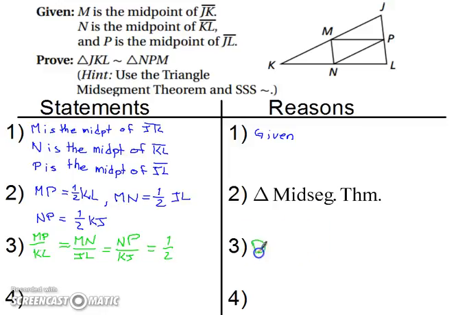And we use the division property of equality. Well, if all three of our sides are in fact proportional, then we know that triangle JKL is similar to triangle NPM by side-side-side similarity.